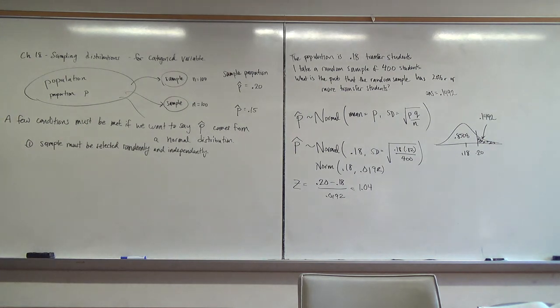So you must take a random sample, one at a time, random and independent. That is one condition that needs to be met. This is also probably the hardest condition to actually enforce in real life. It's really hard to get a truly random sample. So in real life, we always have to keep in mind that maybe our sample is not truly random, but all of our math is based off of this assumption.